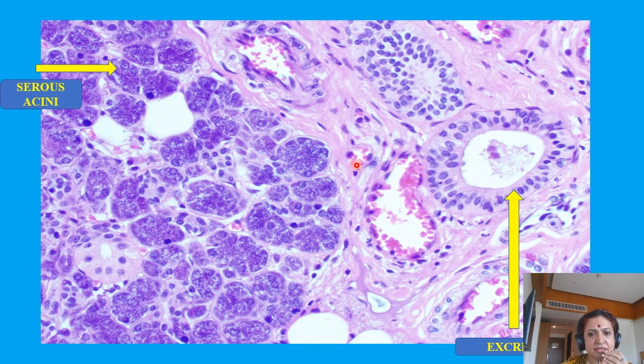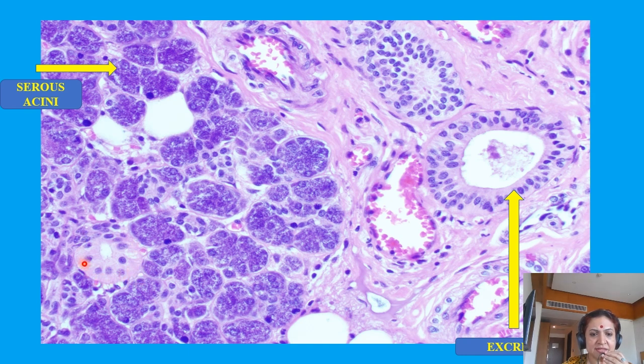So translating this schematic representation into what we actually see under the microscope. Here you can see the serous acini, very characteristic because they have abundant zymogen granules, bluish, deep blue color, large granules in the cytoplasm. Here you see the excretory duct with the stratification, and I don't know whether this can be appreciated under this power.